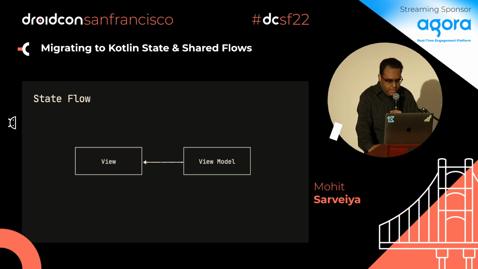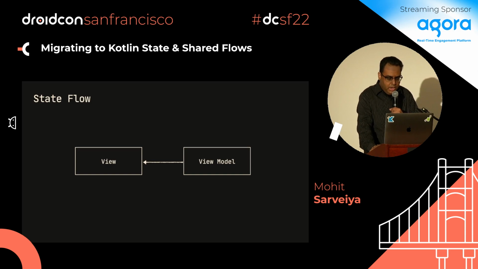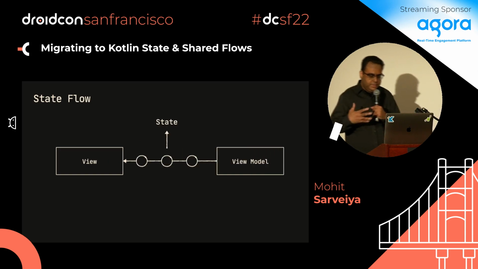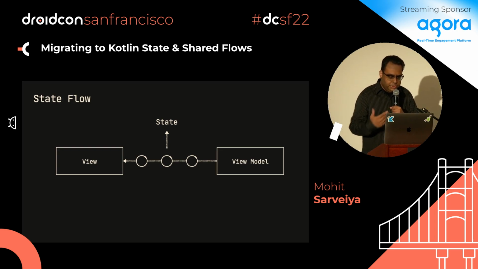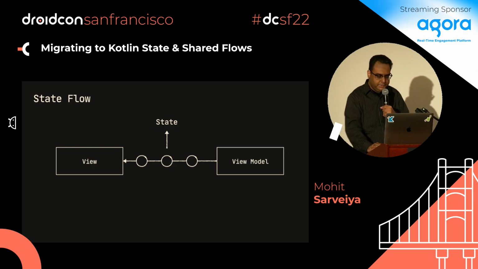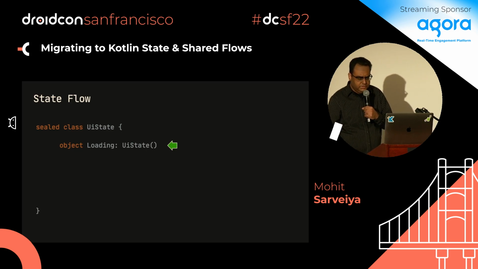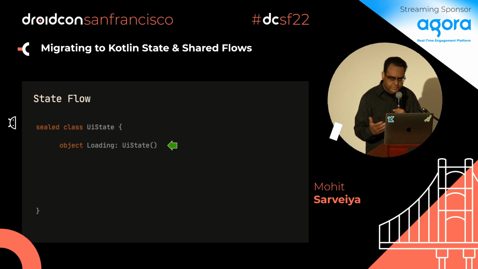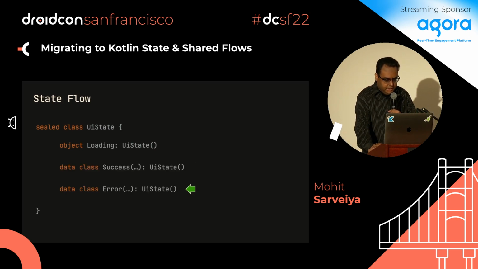Suppose you had an MVVM type of architecture where you have a view model interacting with the view, and you have a state flow exposed from your view model to your view, in which each circle represents a UI state. You can model your UI state in different ways using data classes, sealed classes. Here, this is an example: I have a UI state with loading, success, and error.